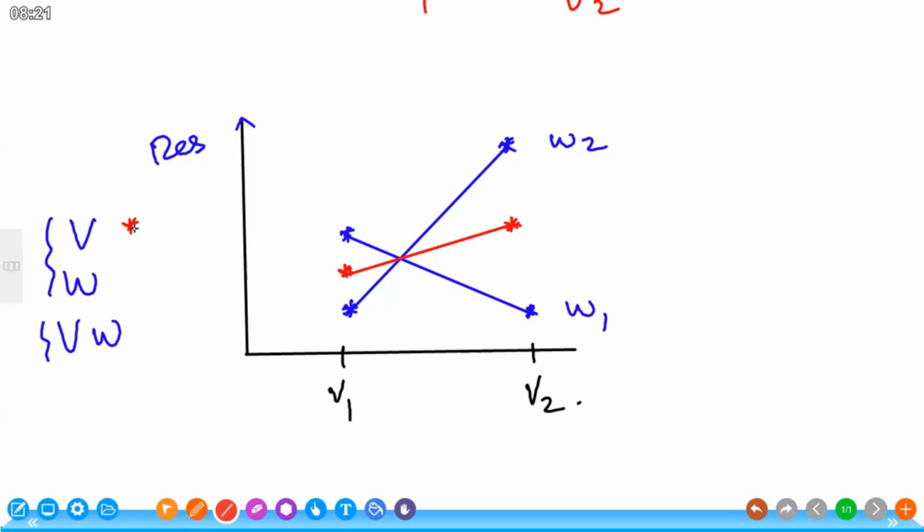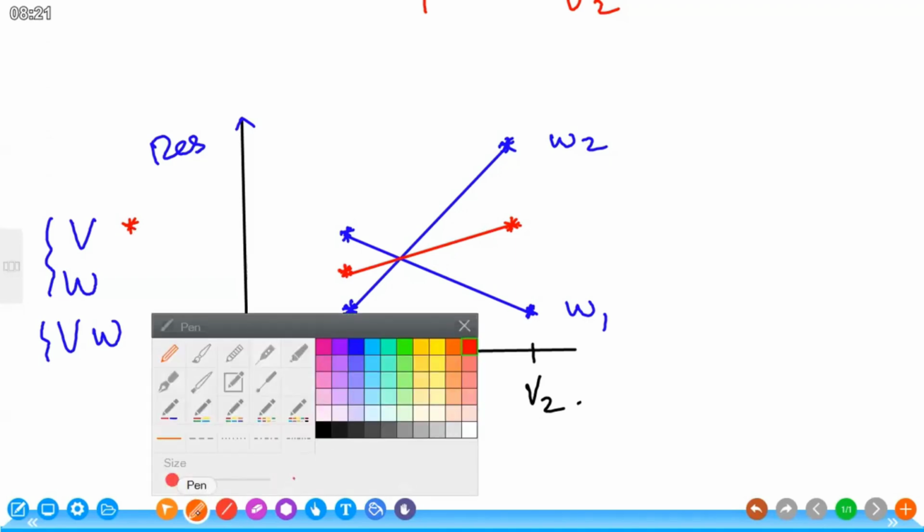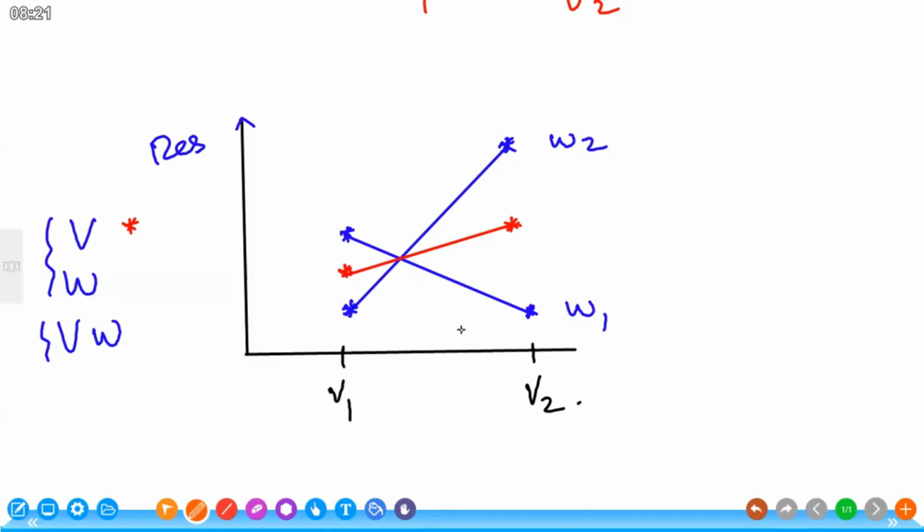Now tell me, what is the average of W1 and W2? I'll use a different color. What is the average of W1 and W2? Madhusha, Pusparaja, are you there?